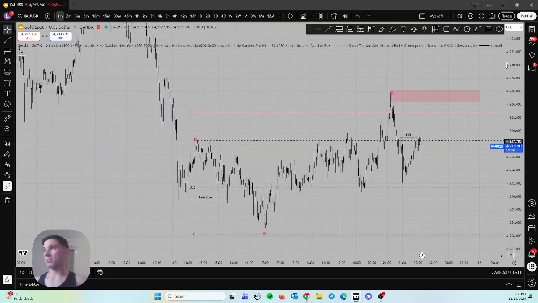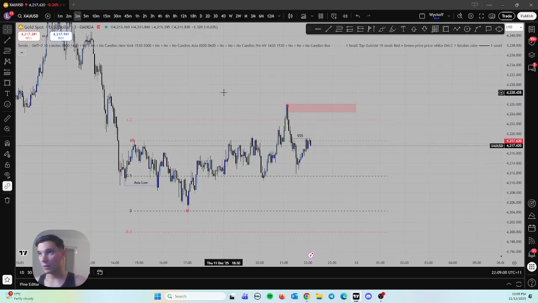So we'll see if price goes in there, but otherwise, look for some demand, why not? Demand here, which has been mitigated.